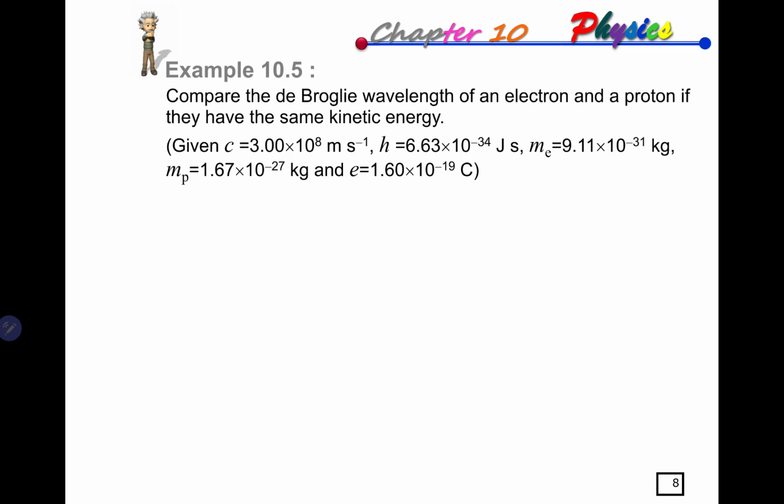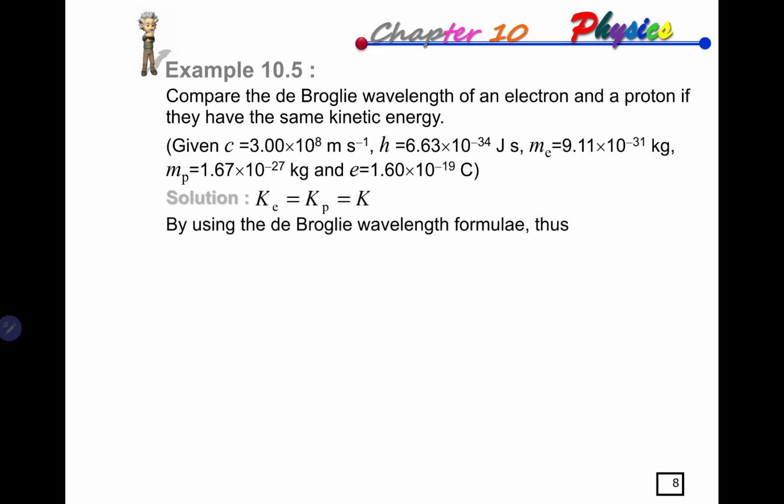For example 10.5, they want to compare the de Broglie wavelength of an electron and a proton if they have the same kinetic energy. So the kinetic energies are equal, and what they want is to compare lambda.